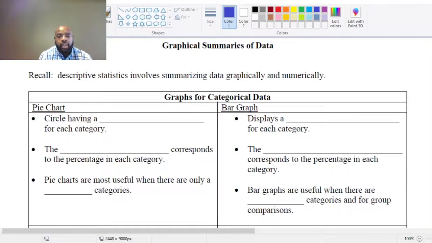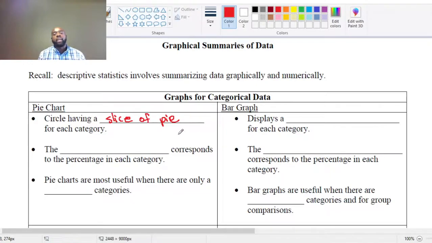For categorical data, a popular graphical display is a pie chart. And basically, a pie chart consists of a circle that has a slice of pie, hence the name pie chart, for each category, right?